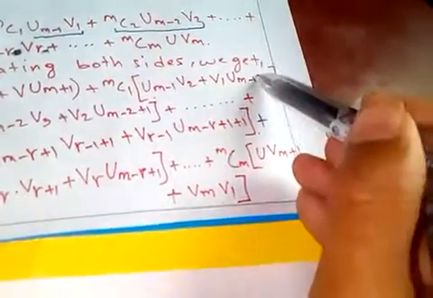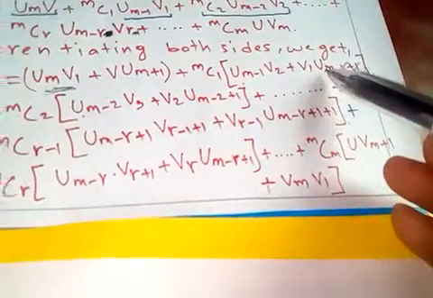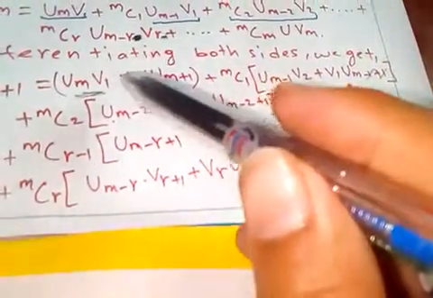This one, because these two will cancel. Okay, minus 1 plus 1 means 0. So u m v1, which is u m v1.